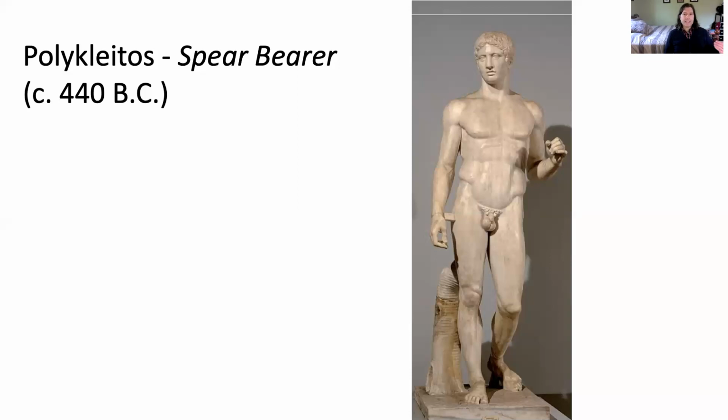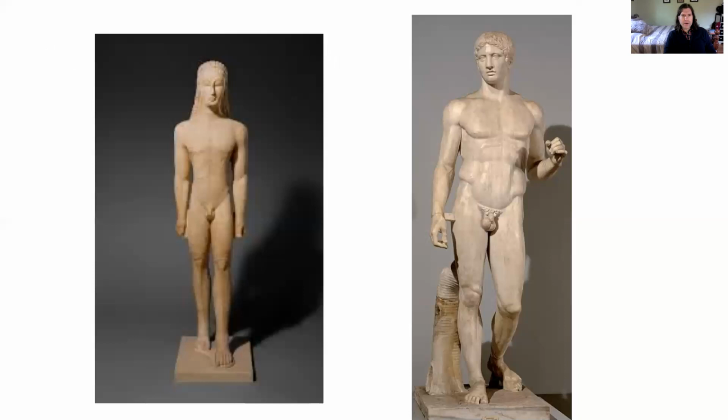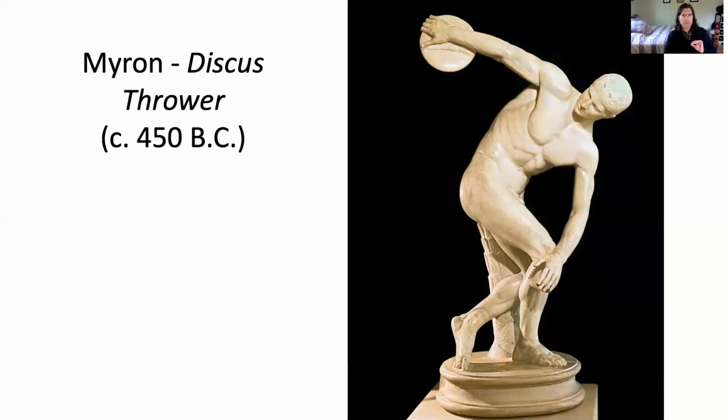Again, this is another example of what we mean when we talk about naturalism in classical sculpture. If you're still struggling with contrapposto, look at the New York Kouros by way of comparison. See how rigid both of his legs are and see what a contrast that is with the Spear Bearer.